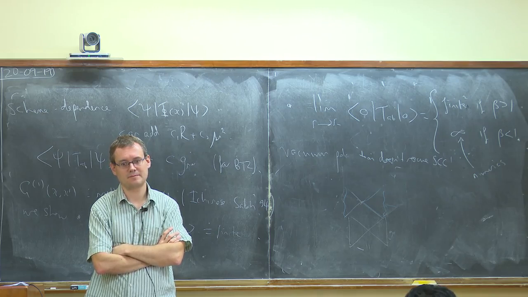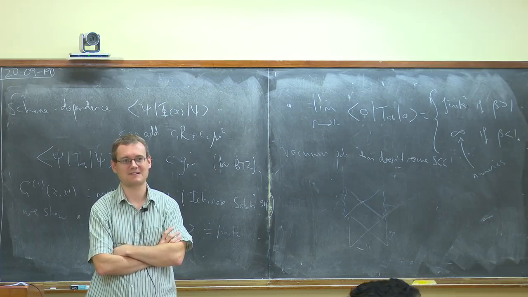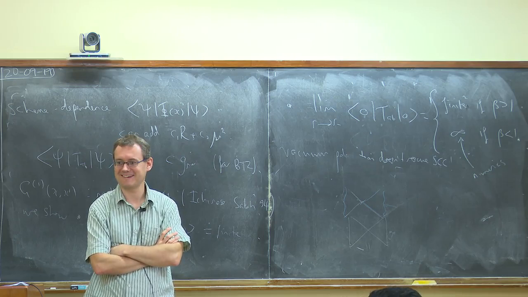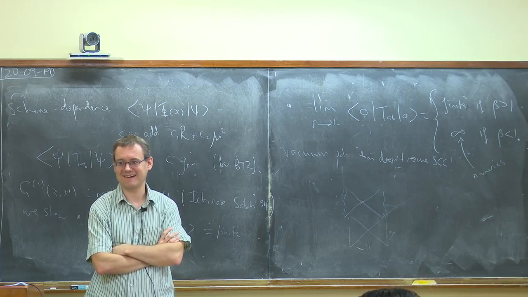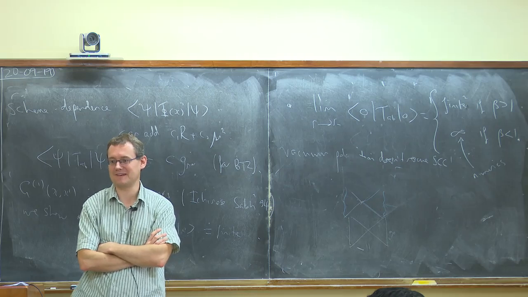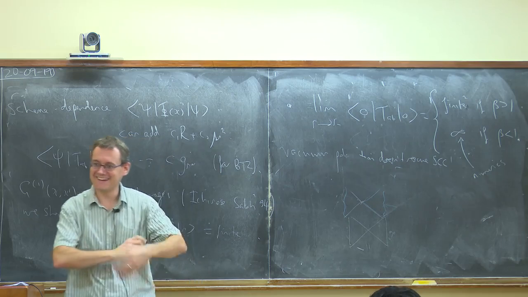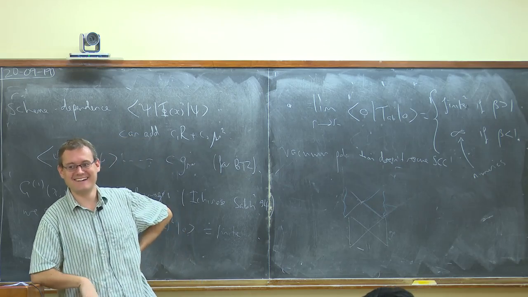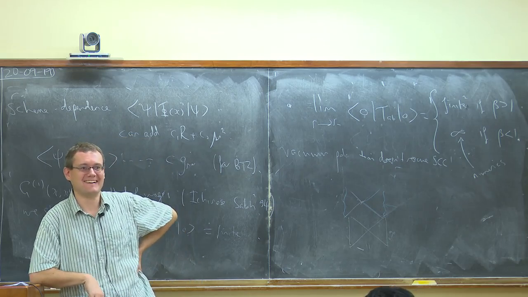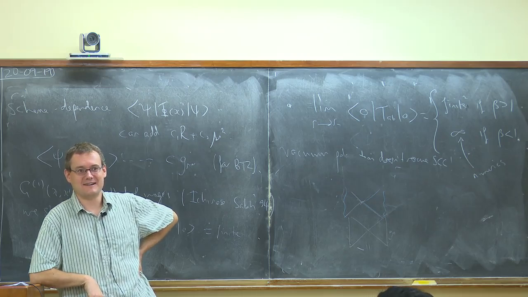Right. Well, there's also the whole thing about firewalls, which I didn't discuss, which again is a late time effect. But that's on the outer horizon. Okay, but if you make a late time adjustment to the outer horizon, then that's going to affect the inner horizon. But let's suppose firewall. I think for the eternal black hole, there's no serious claim that there's a firewall, if you just take the eternal BTZ black hole.